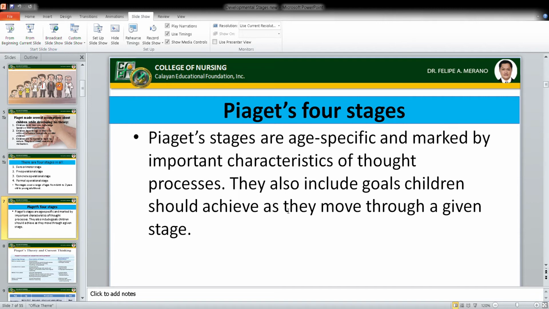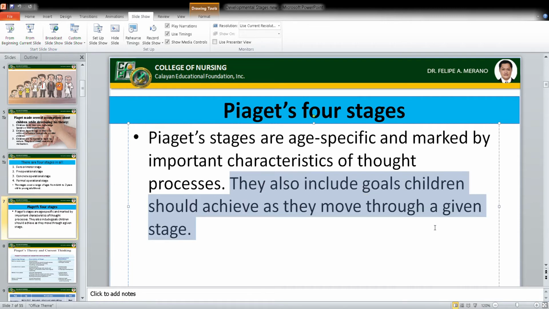And the Piaget stages are specific and marked by important characteristics of thought processes. They also include goals children should achieve as they move through the given stage. So there is succession and chronological arrangement of what is to be achieved during the process.